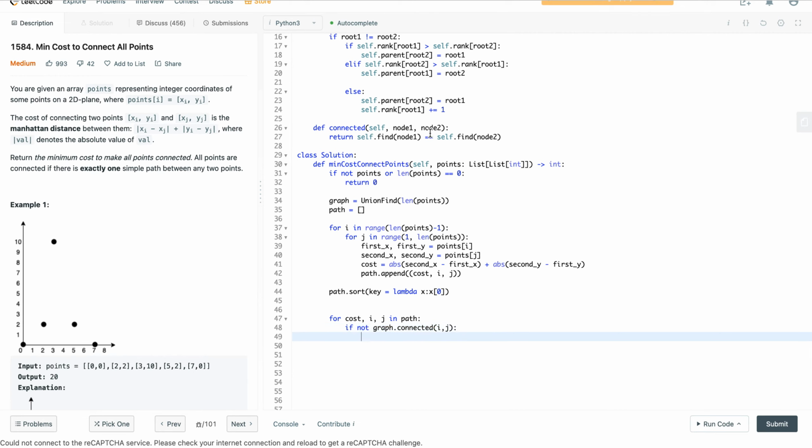This means that if this function returns false, that they don't belong to the same root, then I can have a result here which equals 0 at first. I can do result plus equals the current cost because we want to connect them together, and then we do graph.union(i, j). And in the end, if we have everything connected, we just return the result here.